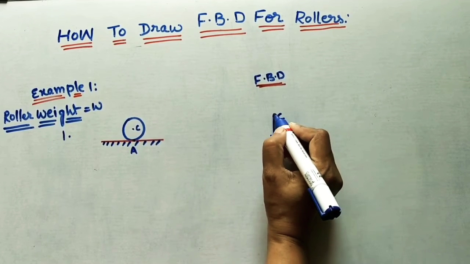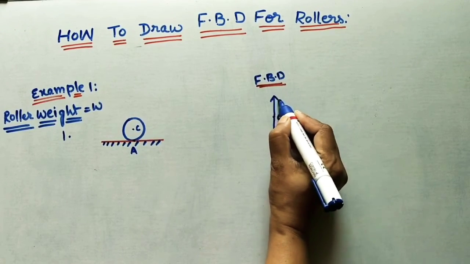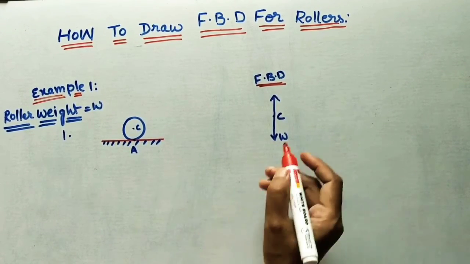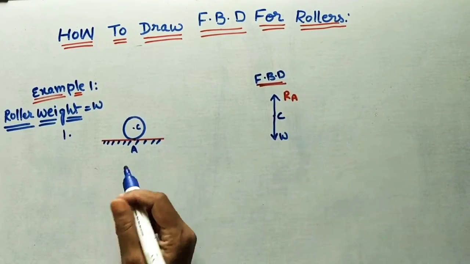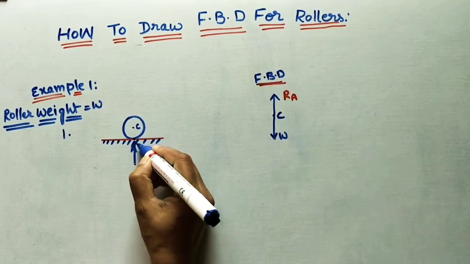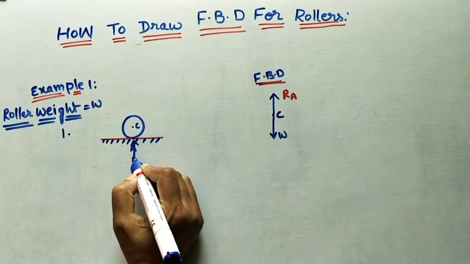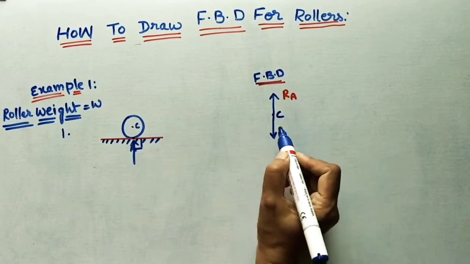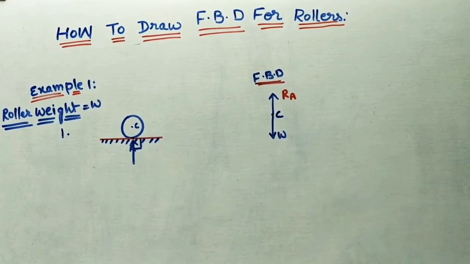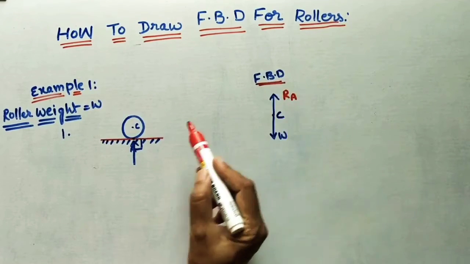Now from C point, the reaction at A point, we can write down here RA. This reaction is coming like this. Because of horizontal surface, the reaction is always vertical, 90 degrees. So this is the FBD for the given diagram.